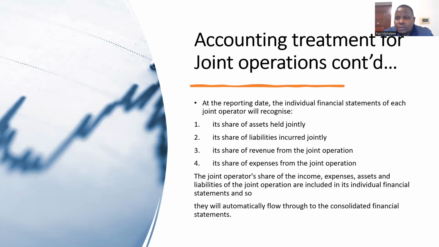In a nutshell, if you're working together as a joint operation, there is no special entity that exists for you to report. So you add the expenses and revenue in your own books of account separately.